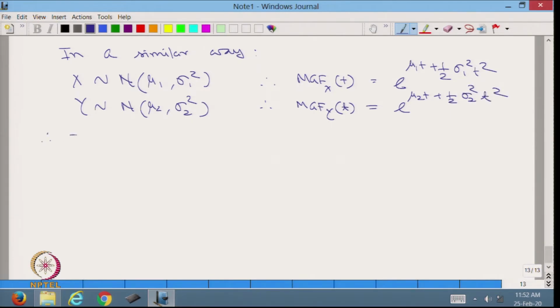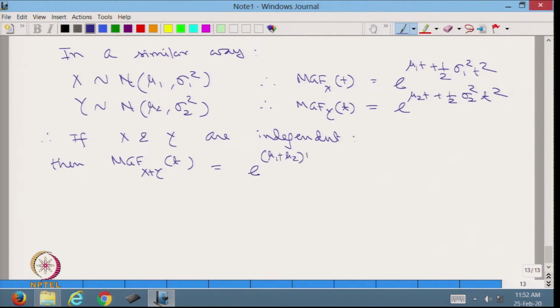Therefore, if x and y are independent, then MGF of x plus y at t is equal to their product, and it is equal to e to the power (mu 1 plus mu 2) t plus half (sigma 1 square plus sigma 2 square) t square.